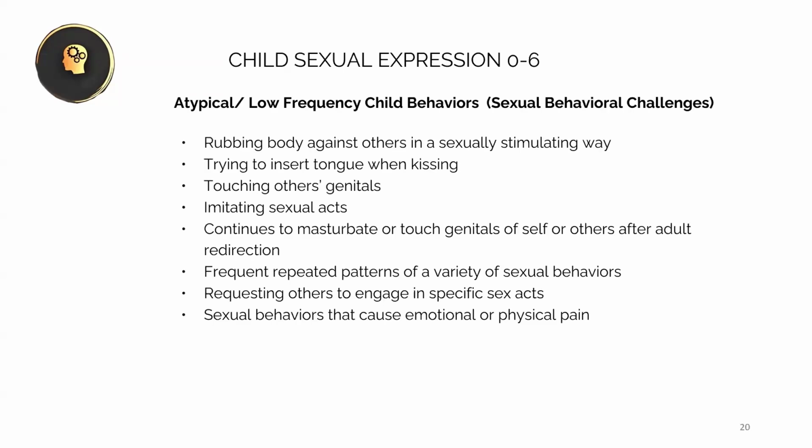Some of the atypical or low frequency child sexual behaviors in children 0 to 6 include rubbing their body against others in a sexually stimulating way. When they go to kiss you, inserting their tongue, touching other people's genitals, imitating sex acts, continuation of masturbating or touching genitals of themselves or others, even after adult redirection.